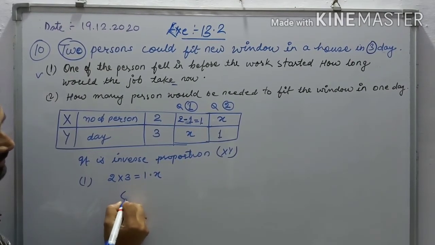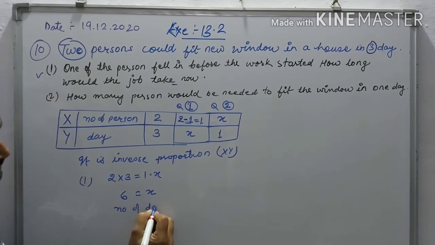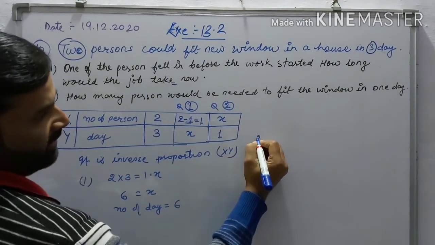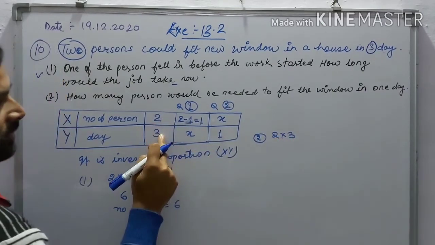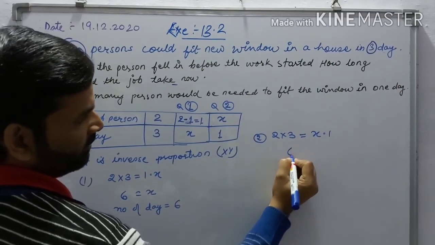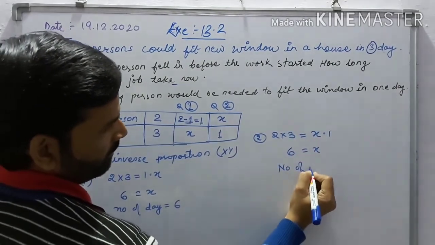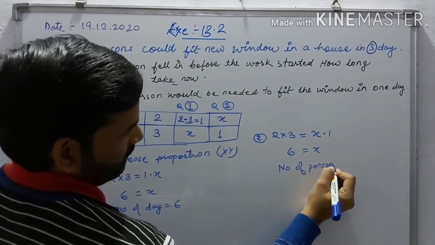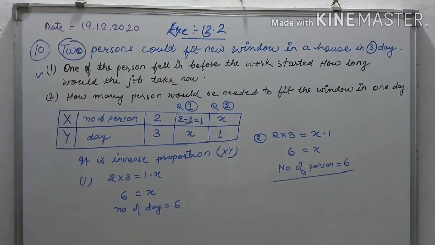So 6 is equal to x, meaning the number of days is 6. Then we solve the second, again 2 times 3, x times y, and x times 1. It means 6 is equal to x. So the number of persons required to finish the work in 1 day is 6.